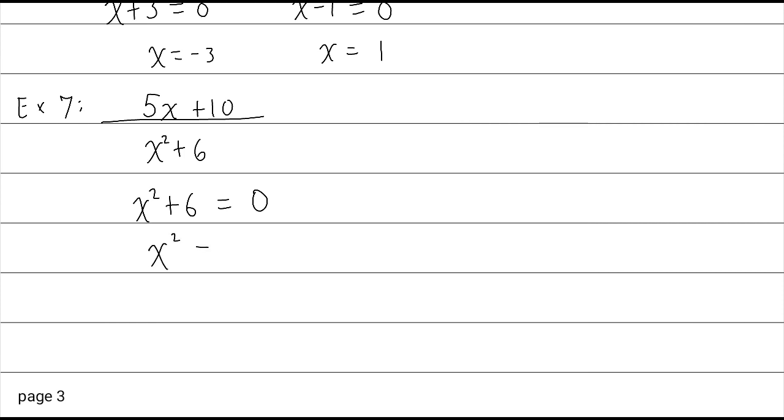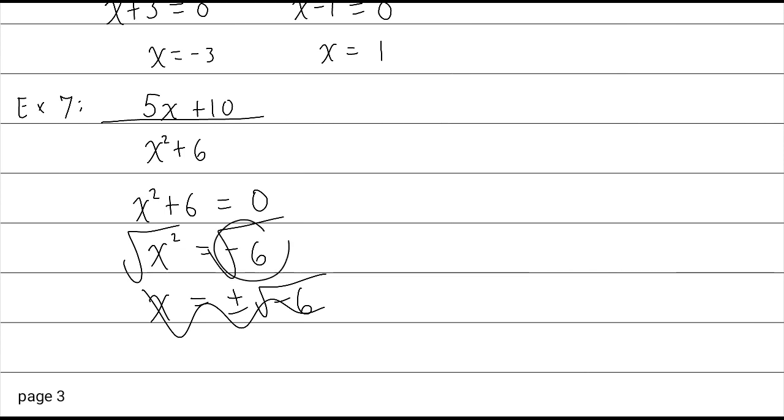More importantly, if you ever come across something like this, always just subtract the 6 from both sides. Get x squared by itself, so you can try to use the square root property, where you use the square root of both sides. But we talked about another rule earlier. X would equal positive and negative the square root of negative 6. If you did the square root of both sides, what would you be doing here? Square root of a negative.